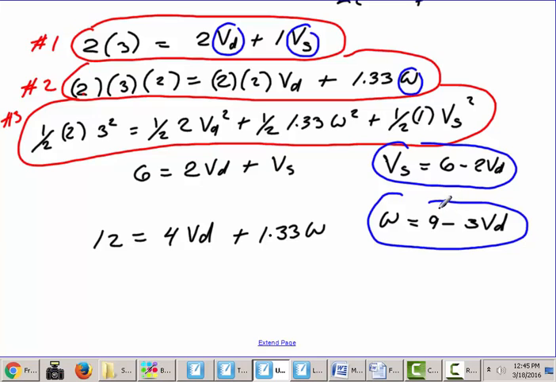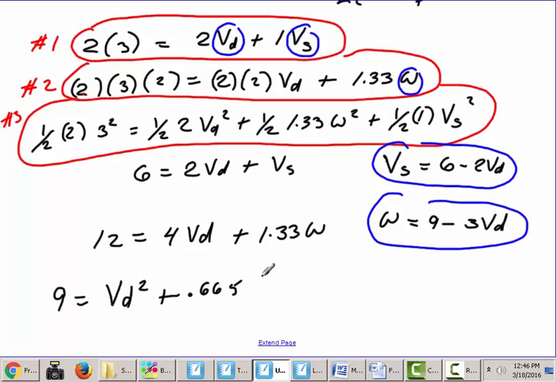All right, so now let's take that and put it back into our energy equation. The 2's cancel out, that gives me 9 is equal to, this cancels out here, and then we have VD squared plus this value here, which gives me about 0.665.